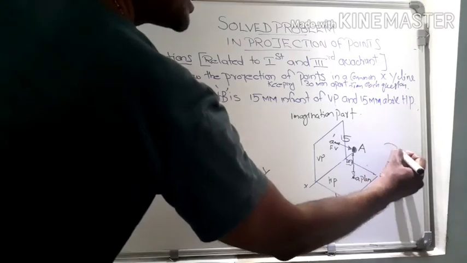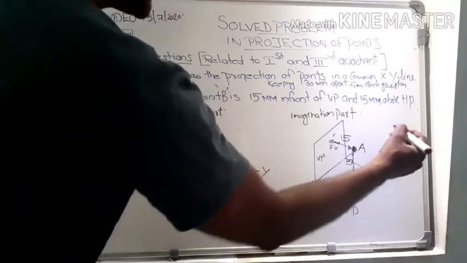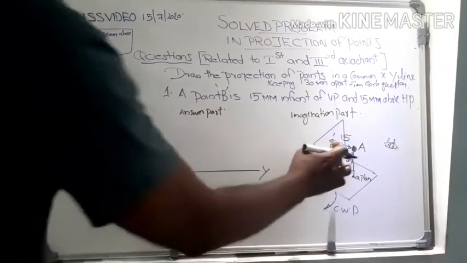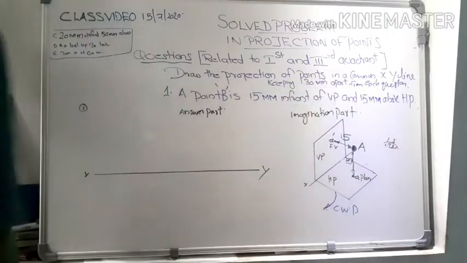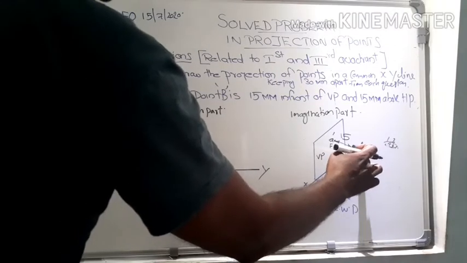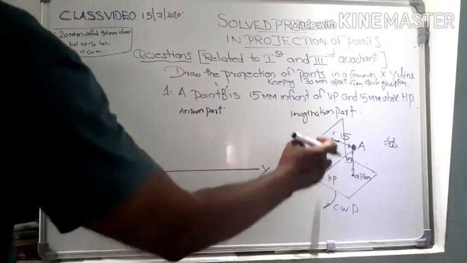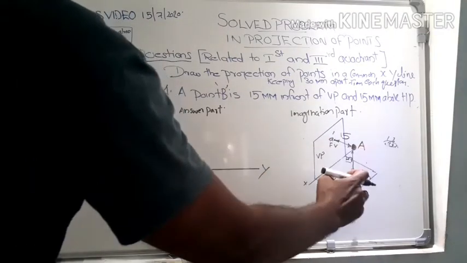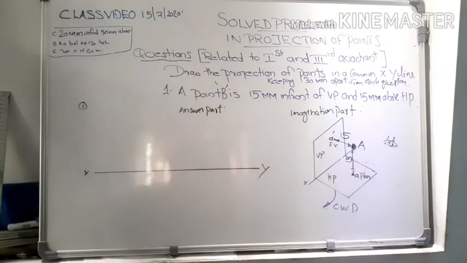The observer always stands here, at the right hand side of the quadrant. When he views this object, he can see that the point A is 15 mm in front of the vertical plane, and similarly that point A is also 15 mm above the horizontal plane.